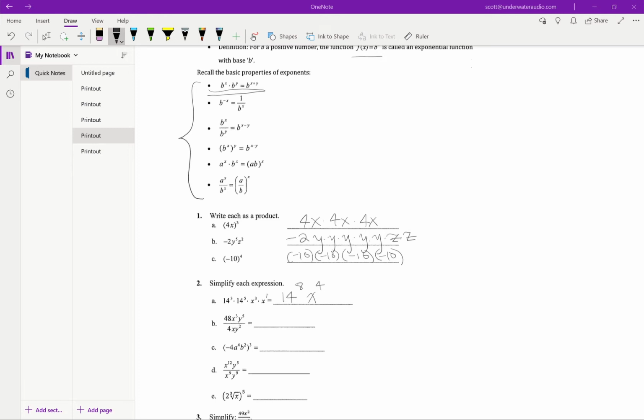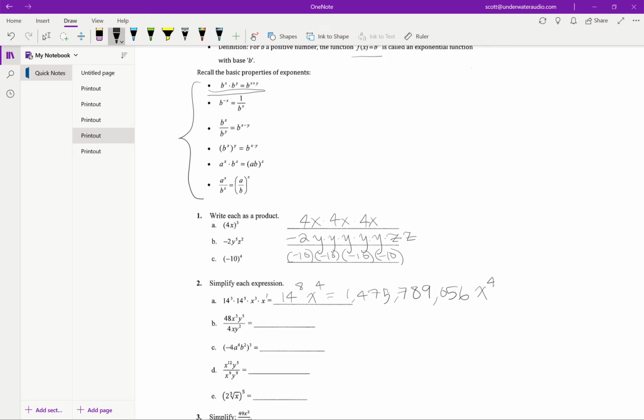Okay, so it's a very, very large number. 1,475,789,056. Very, very big number. And then x to the fourth.